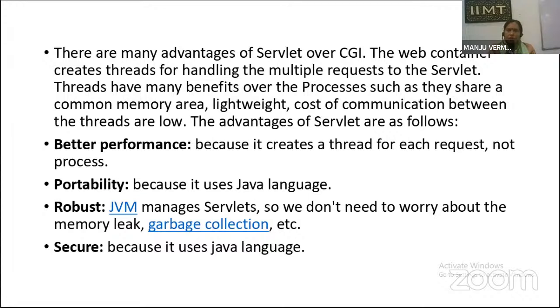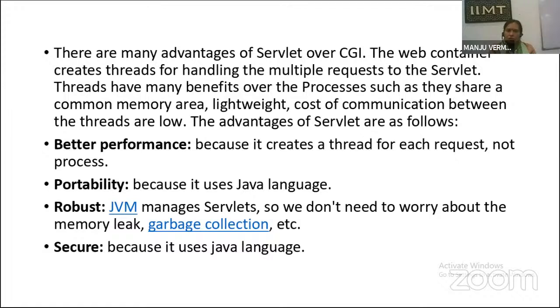It provides better performance because it creates a thread for each request, not a process. Portability, because it uses Java language, so it is also portable. You can copy and paste your code anywhere, so that is why it is platform independent or portable.